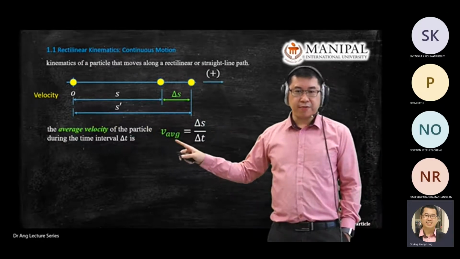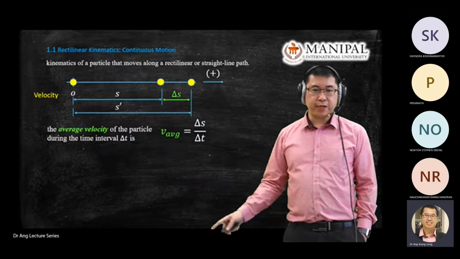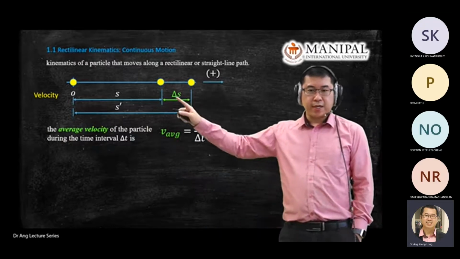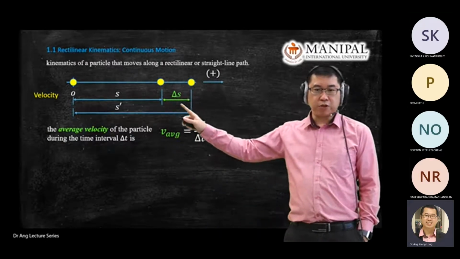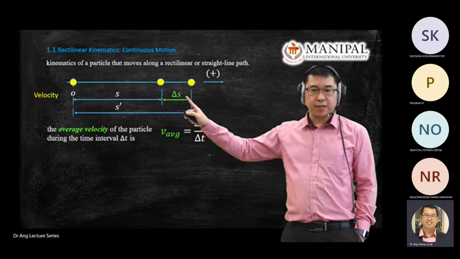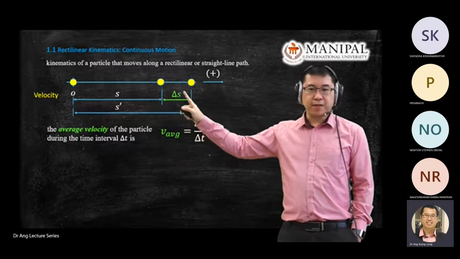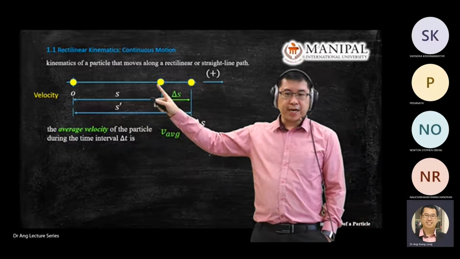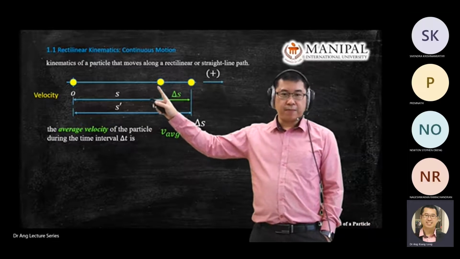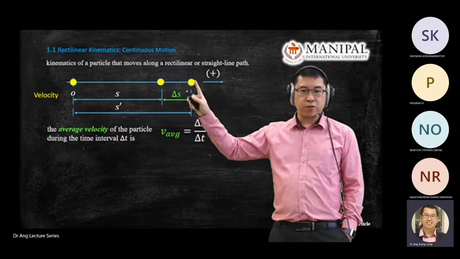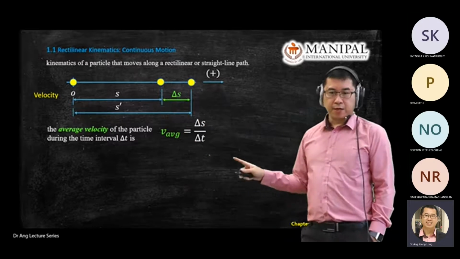V sub AVG represents average velocity. You take the change of position, or displacement, divided by the time traveled from this position to this position, delta t.